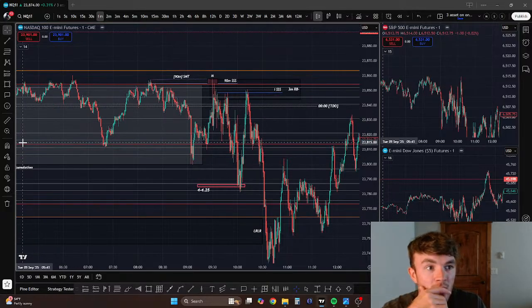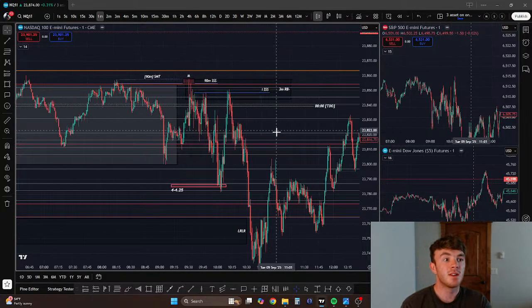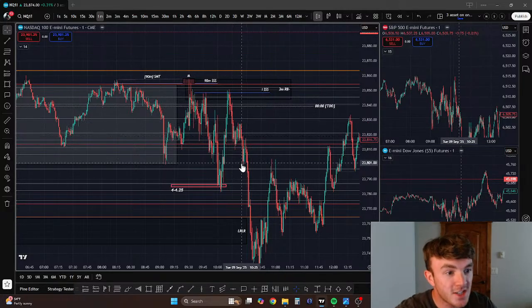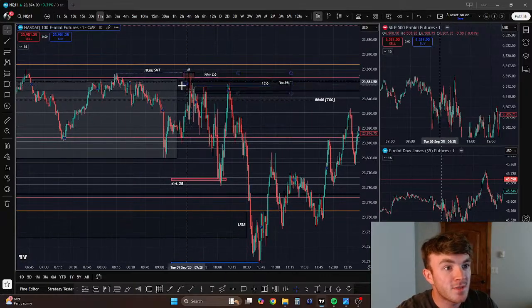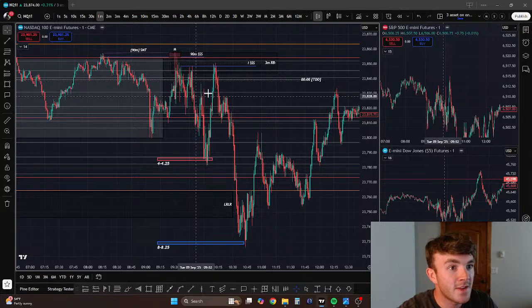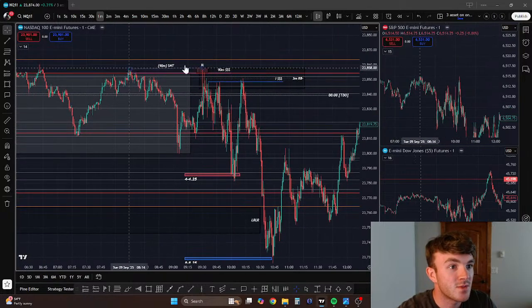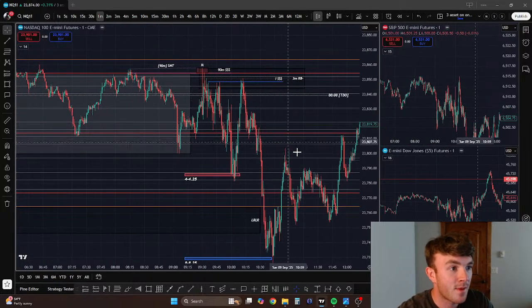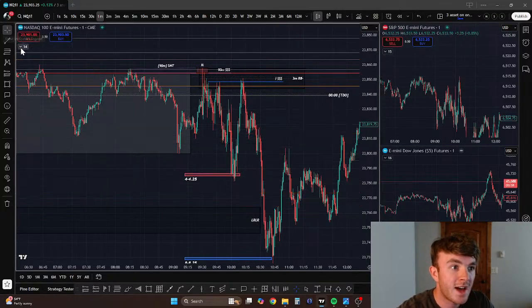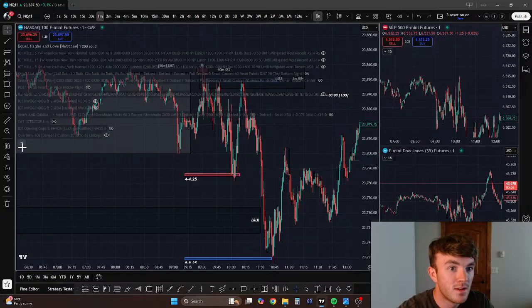This is how you know it's a high probability rejection block: when the rejection block sits at the high of the dealing range. When you have a Phoenix model at the high of the dealing range, you know this is going to be a higher probability rejection block for Phoenix model. That is so cool.